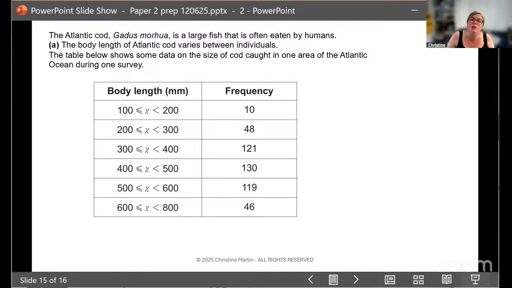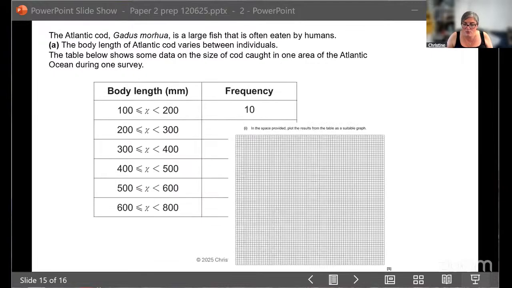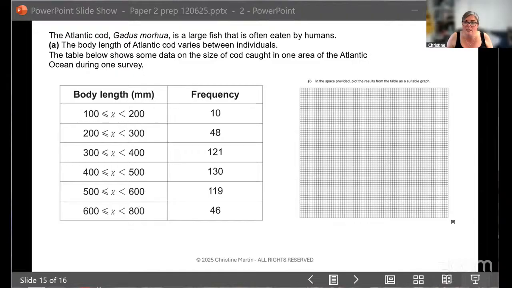So they ask them in that exam to do a histogram. You could be asked to draw a histogram of that data. It is important that you know that and that you're able to do that.